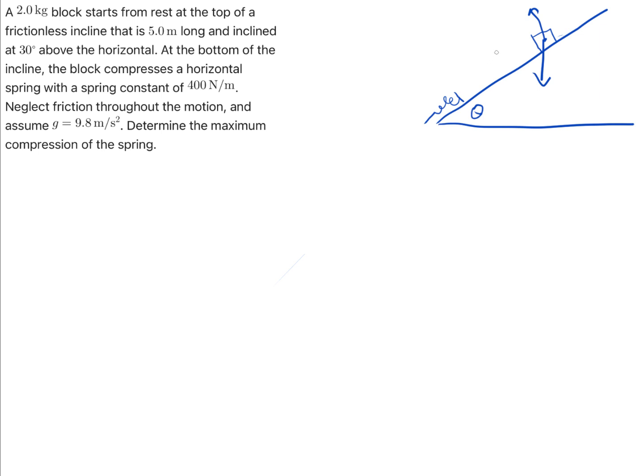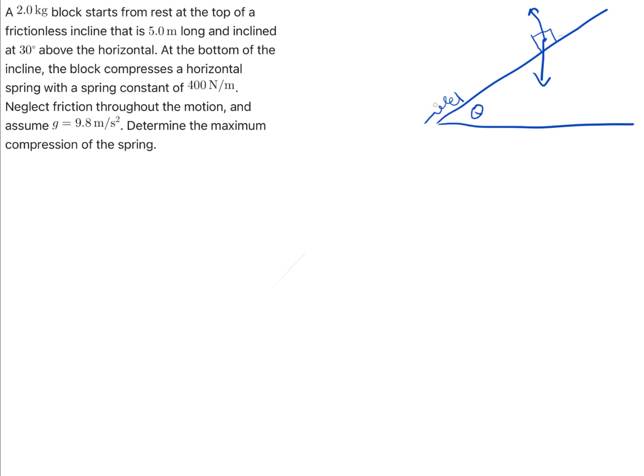Now, at first glance, we might think to use Newton's laws on this problem, because after all, for the first part, the block is just sliding down an incline, and that's something that you can derive the acceleration for and has a constant acceleration. However, in the second part, it tells us to determine the maximum compression of the spring.